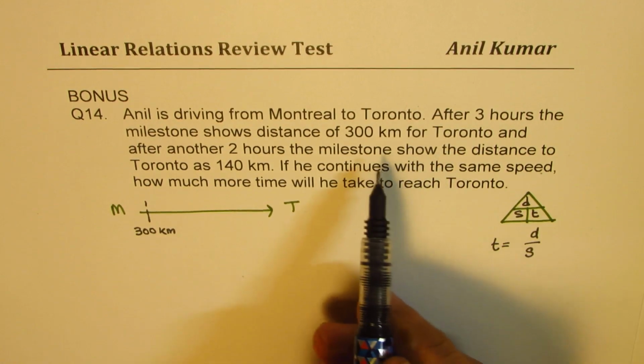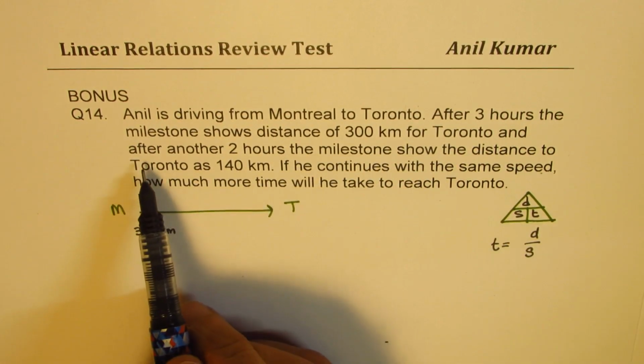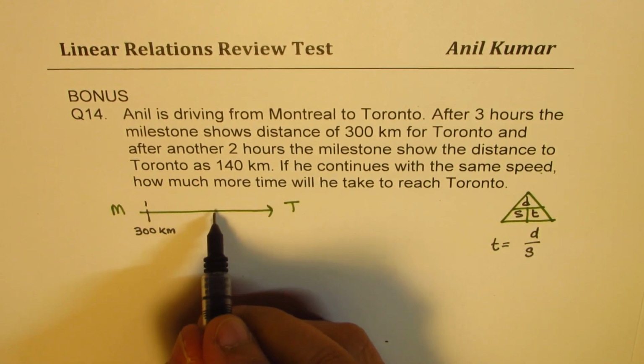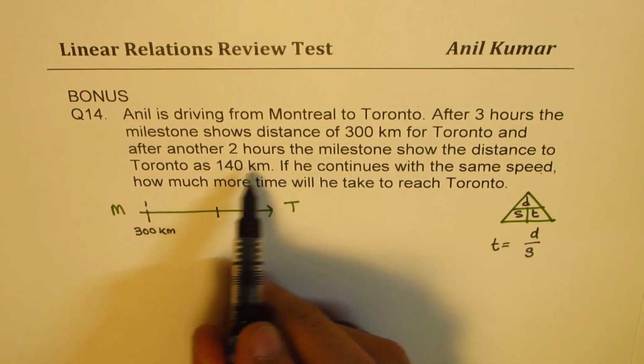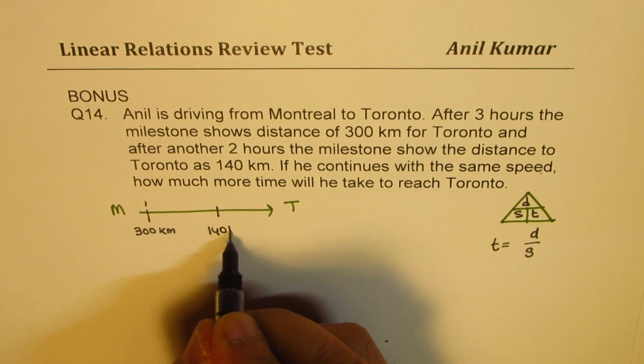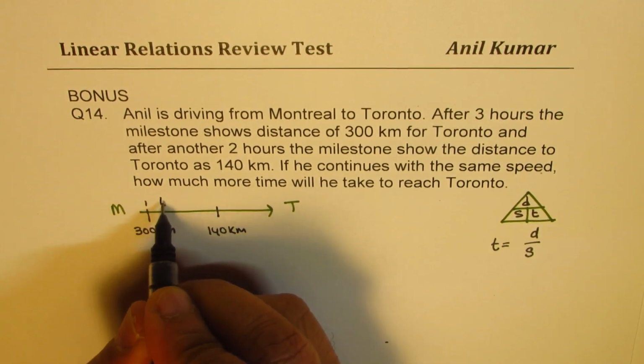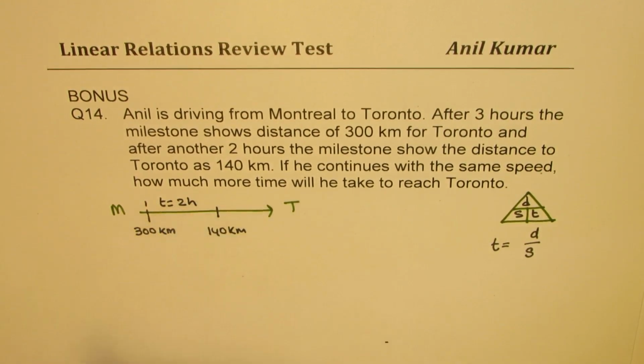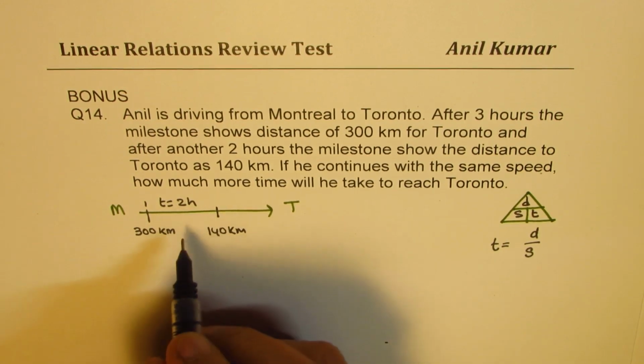Correct? Then it says that after another 2 hours, the distance shown by the milestone is 140 kilometers. Time taken t is 2 hours here. Do you see that?